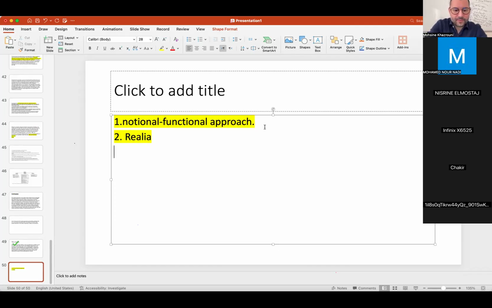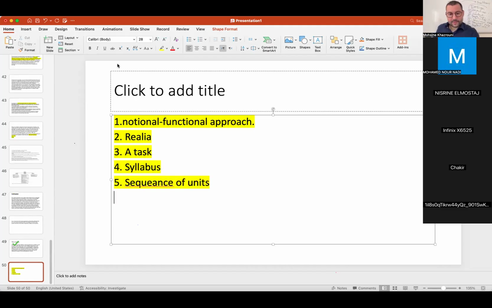The third one is task. The fourth one is syllabus. Yeah, exactly. The next one is sequence of units. Finally, the last one is language is habit.